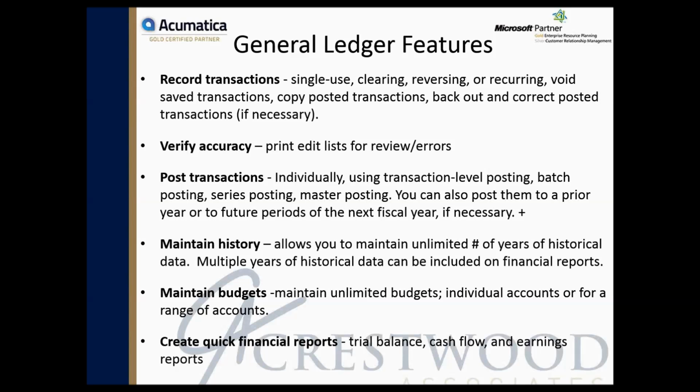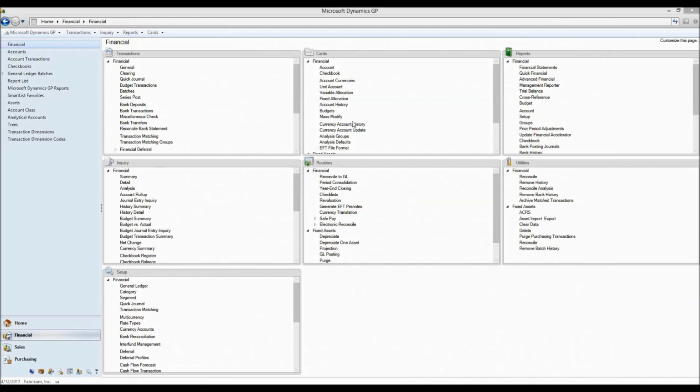We also have the ability to maintain unlimited budgets. And you can do this for an individual account or for a range of accounts. I'm going to show you in Great Plains here where you can access budgets. Underneath Financial Transactions and Financial, you have a Budget Transactions window.